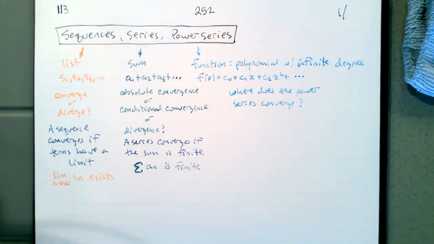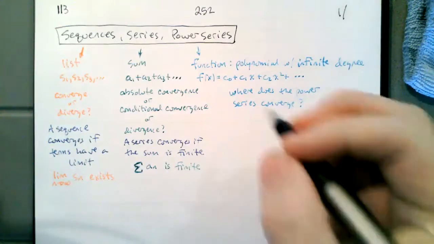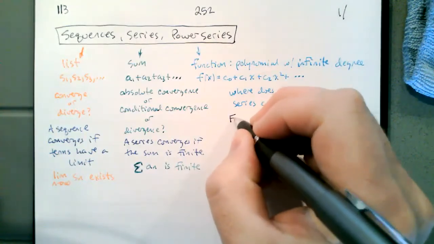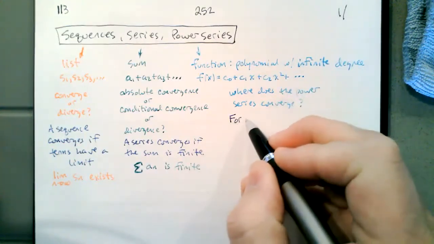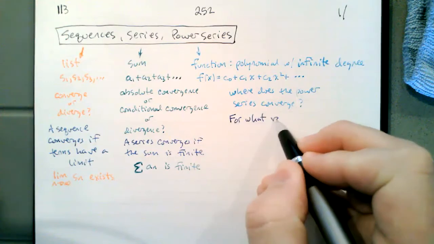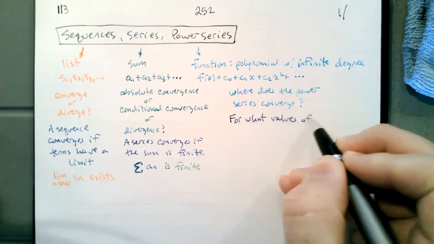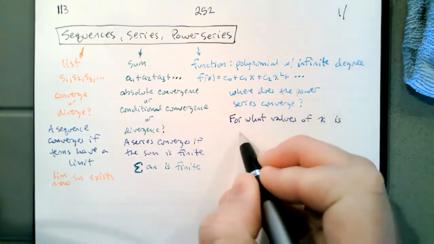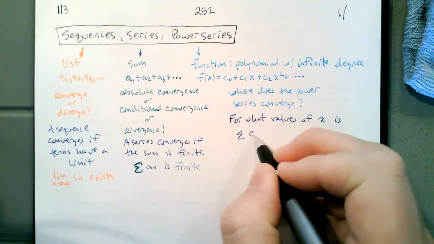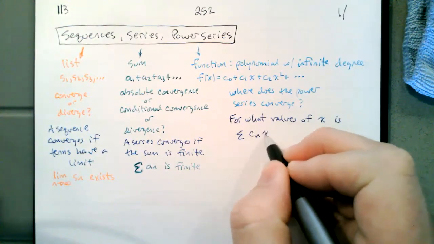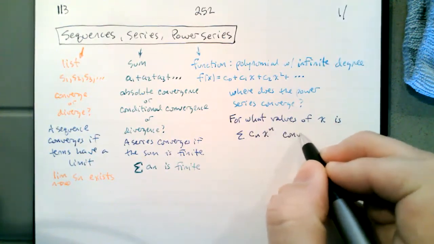In the case of a function, the question is, where does the power series converge? For what values of x is the series Cn x to the n convergent?